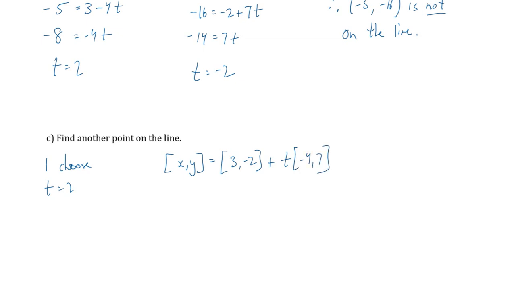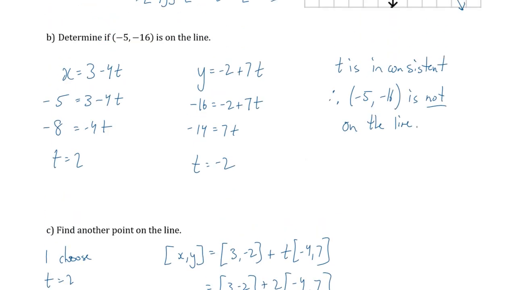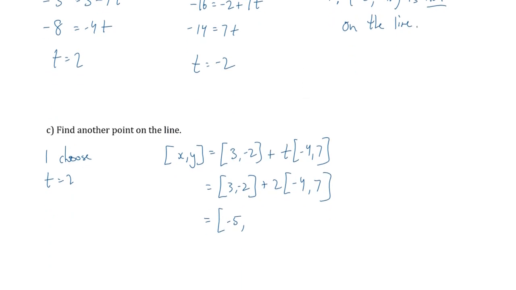So when t equals 2, I get (3, -2) plus 2 times (-4, 7), which is going to be 3 minus 8, so -5, which makes sense because that's where the -5 came from above, and then -2 plus 2 times 7, which is 14, so that's going to be 12. So this point, therefore, that's not a point.